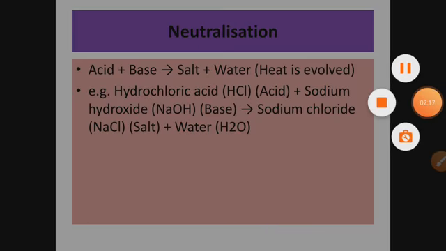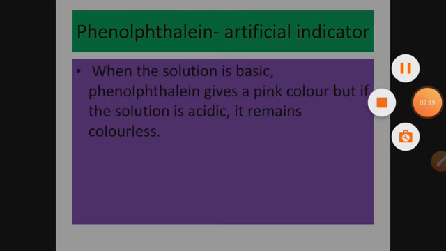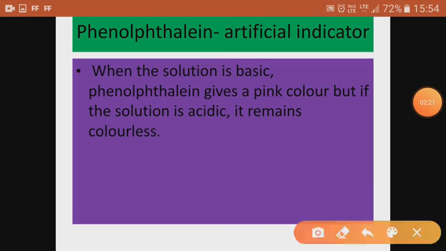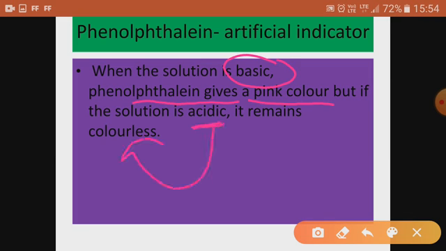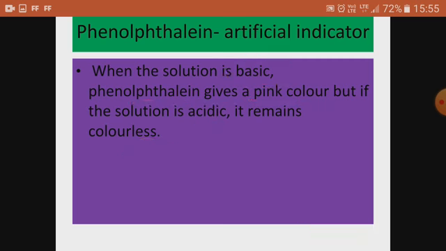So here you can see that in case of an acidic solution, phenolphthalein remains colorless, and when the solution is basic, it gives pink color. It remains colorless because initially it is colorless. So you have to learn all these changes in color.